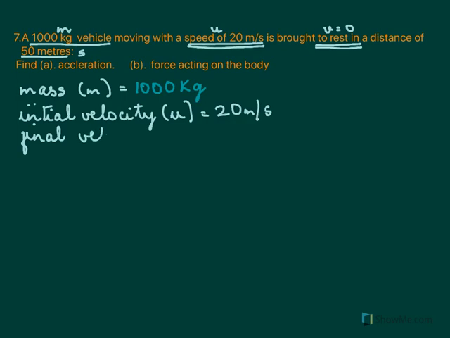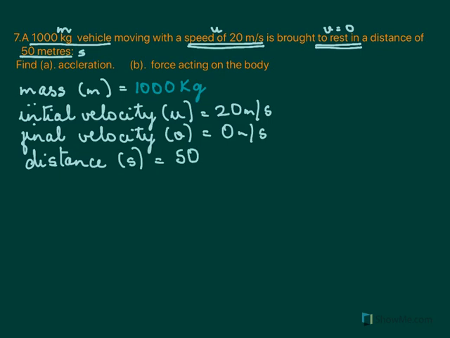So final velocity V will be 0 meter per second in a distance of 50 meters. So distance here, time is not given. Here distance, which we say S, is 50 meters. We need to find acceleration.